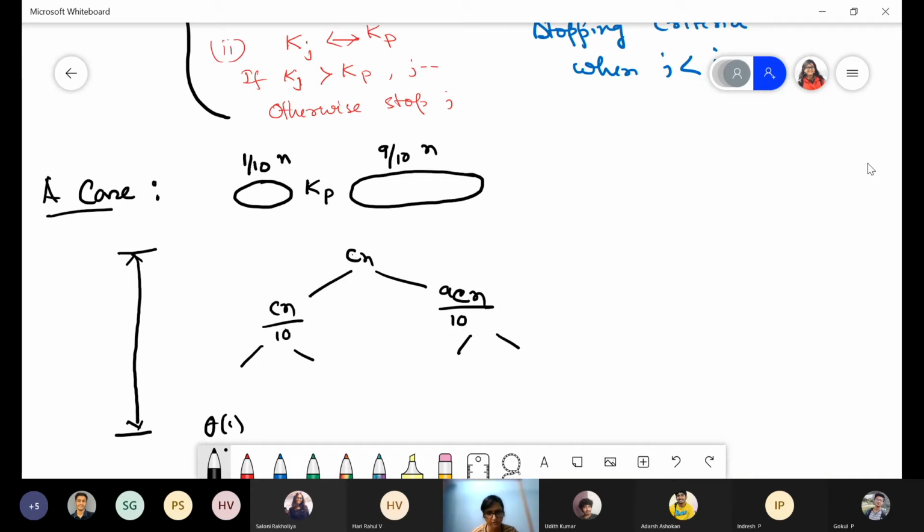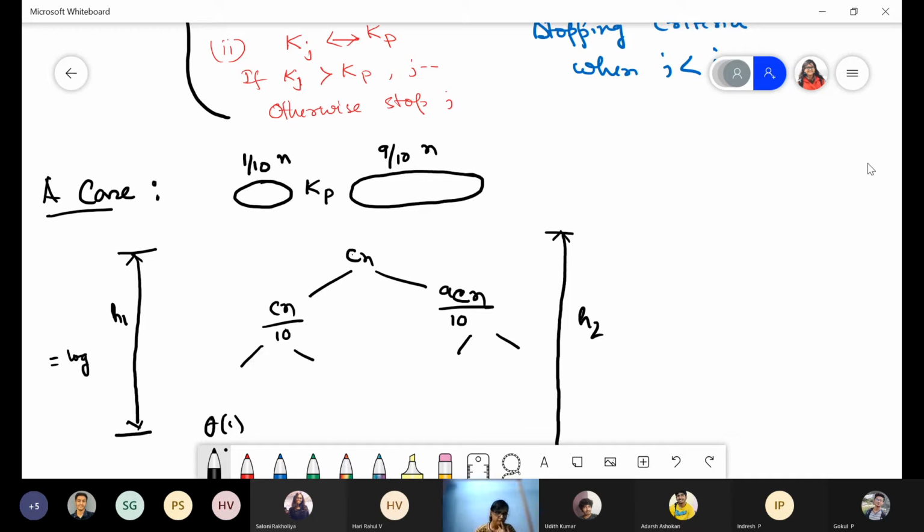Now, can anyone tell me which height will be larger, the left side or the right side? The right side will be larger. Okay, say this is my H2, this is my H1. So what will be the value of H1?